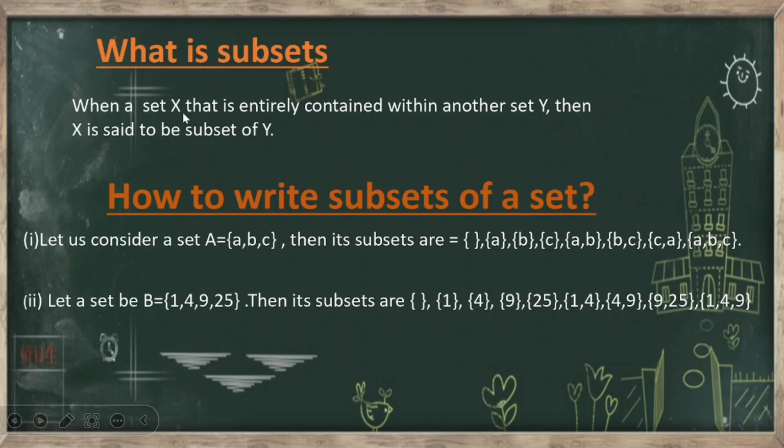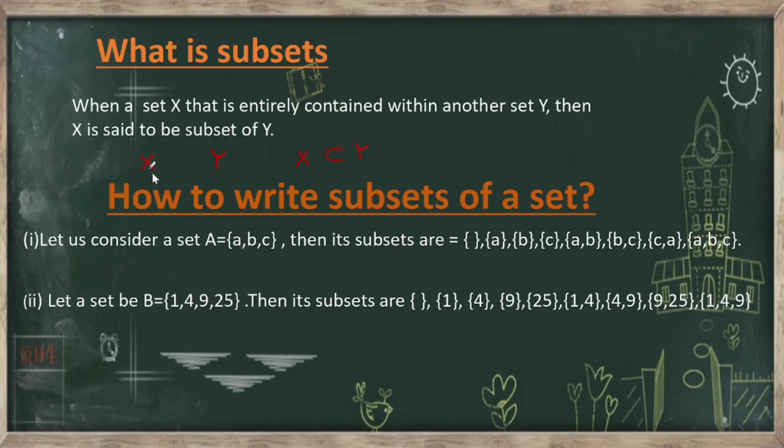When a set X is entirely contained within another set Y, then X is said to be a subset of Y. So if I say X is a set and Y is another set, we know the subset sign is this one. We know what a superset is, which we discussed in the previous class.